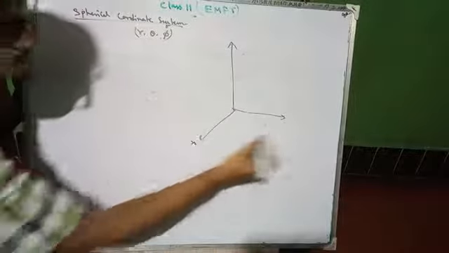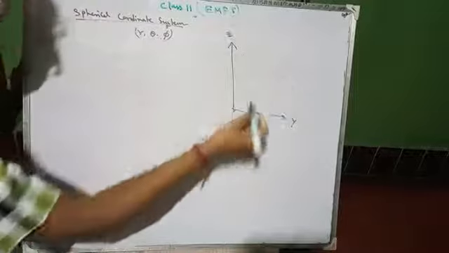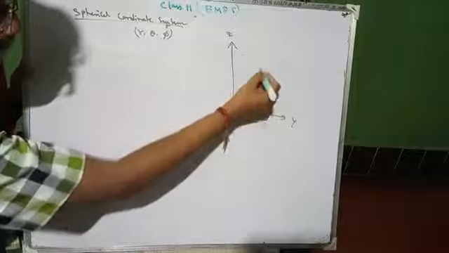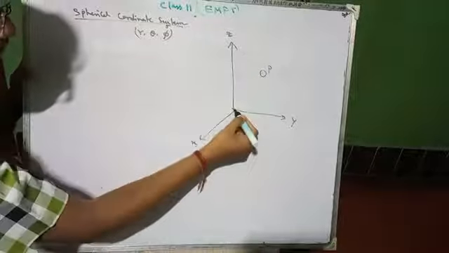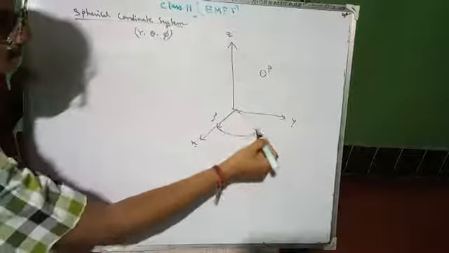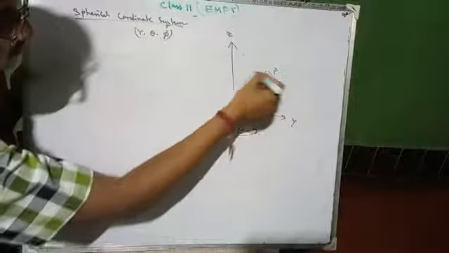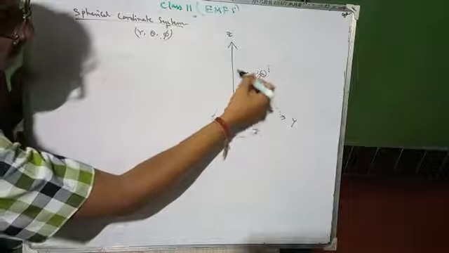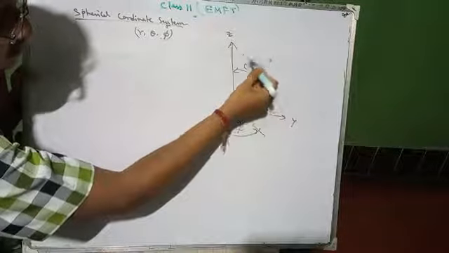This is X, suppose the reference axis. Suppose it is a point. To locate a point, you first set a rho and then the phi angle, and then a radius r with some angle theta with z.